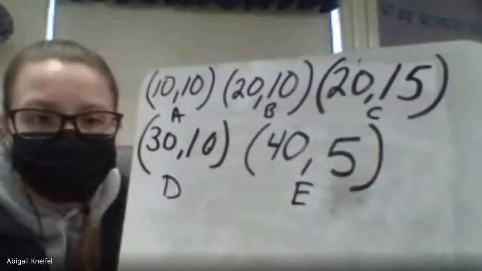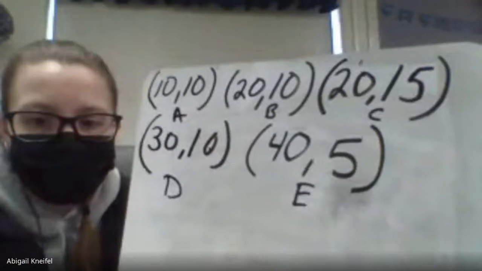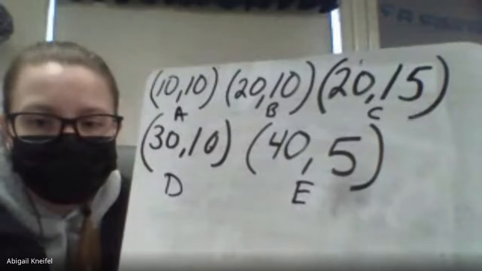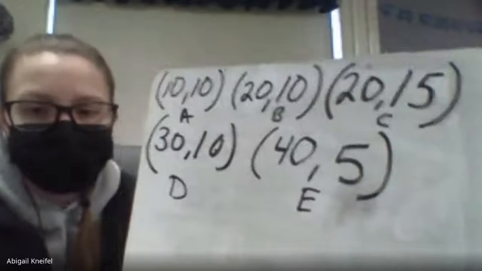E, 40, comma 5. Thanks, Landon. They're in the chat now. I'm going to give you guys another minute to finish plotting those points. So then we're going to talk about the best scales to use.